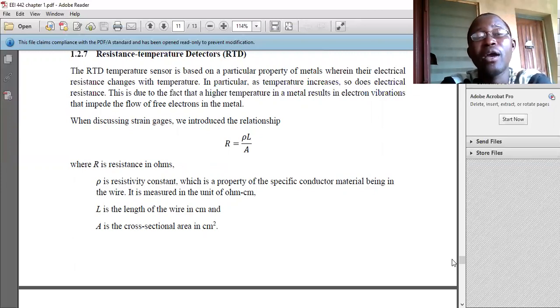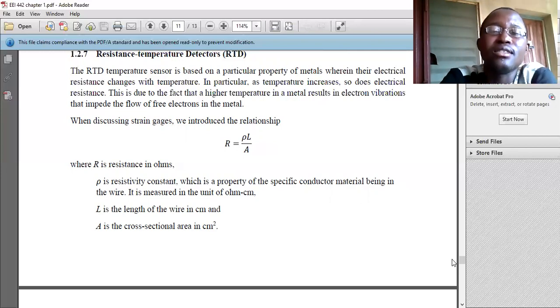Unlike in metal, where the temperature increase results in vibrations of the electrons, and this vibration impedes the flow of free electrons in the metals. For that reason, the resistance of the metal increases when you increase its temperature.